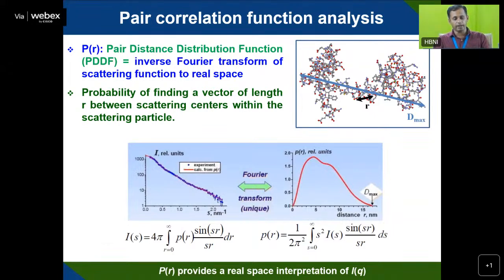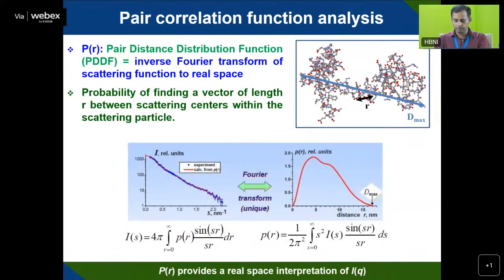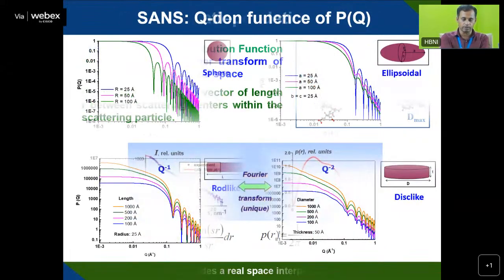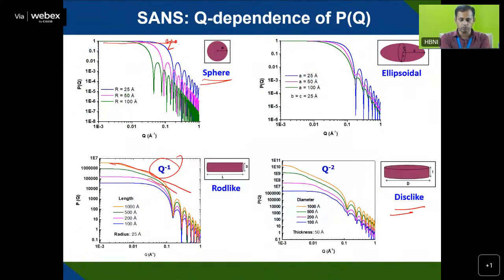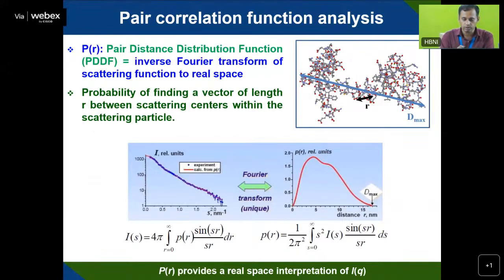From P(r), you can do an inverse Fourier transform and predict whether it is a sphere shape or really cylindrical. In addition to what you got from the q to the power minus 1, minus 2 or minus 0 fitting, the shape information can also be obtained from the pair correlation function.